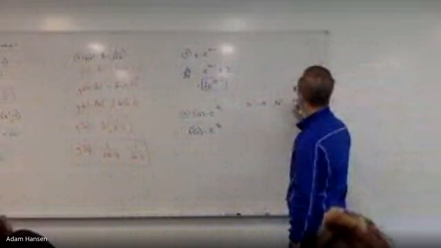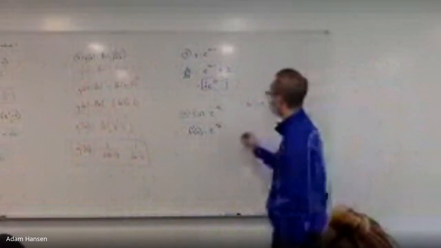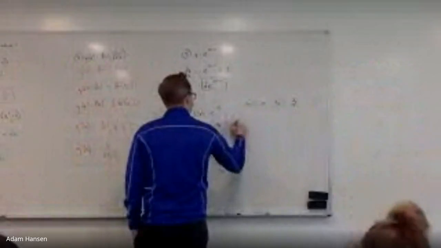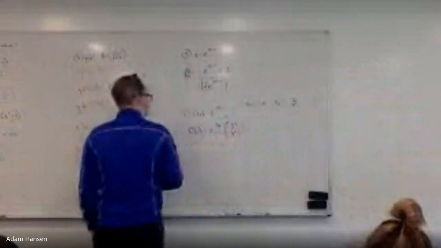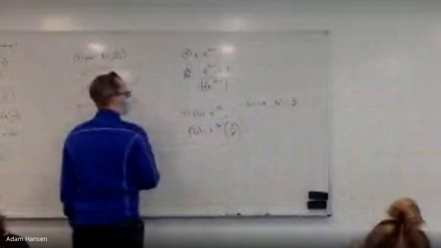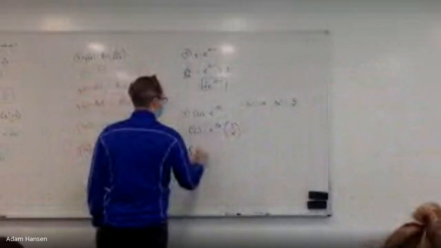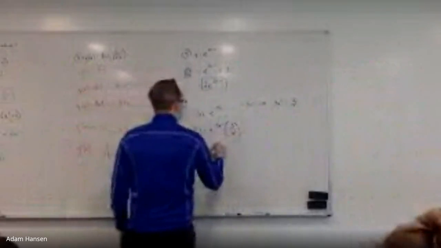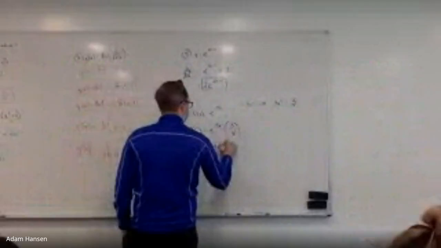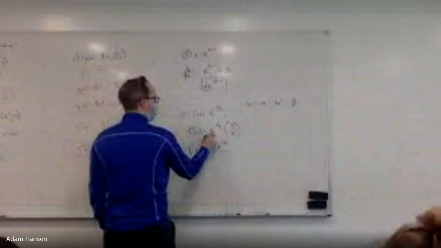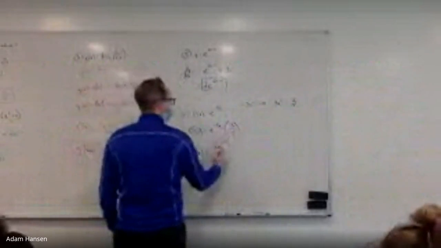So 3 over x squared. So I put this all together: 3 times e to the negative 3 over x, all divided by x.